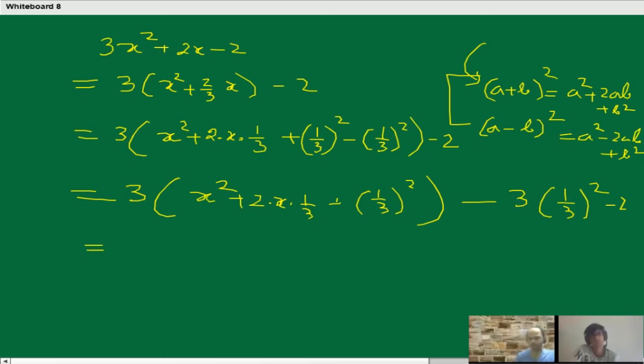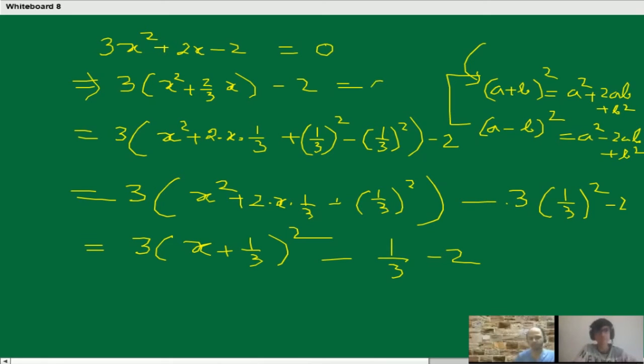So it would be 3 times of this. And this would become, if you see, 3 times 1 over 9, this is minus 1/3 minus 2, equal to 0.